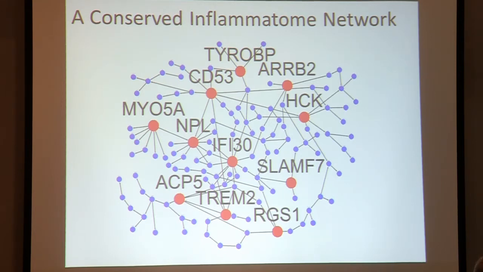We published this paper in July last year, and after 5 months, two New England Journal of Medicine papers claimed TREM2 is a late-onset Alzheimer disease susceptibility gene based on GWAS.